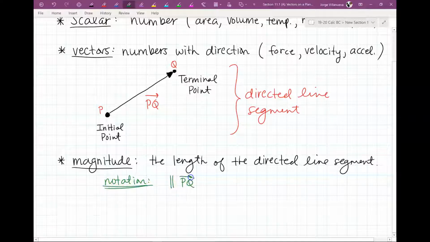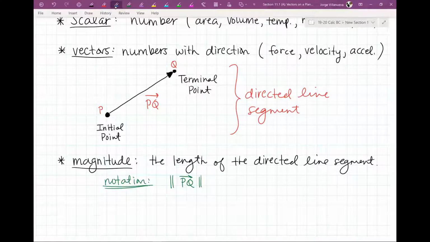It's a double bar. So the vector PQ, if you put double bars on both sides, that means you're trying to find the magnitude of it. Remember, magnitude is just distance, so you can find magnitude using a distance formula.